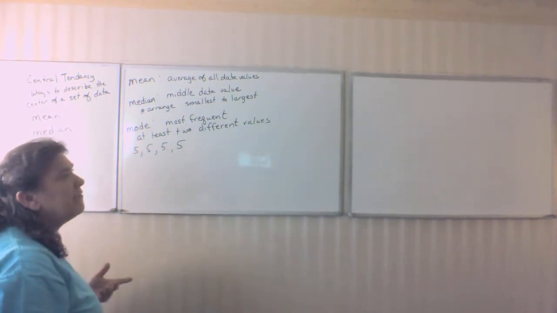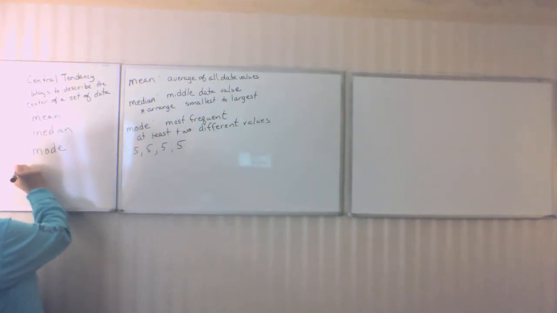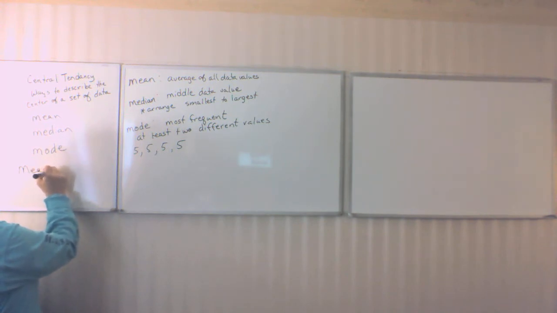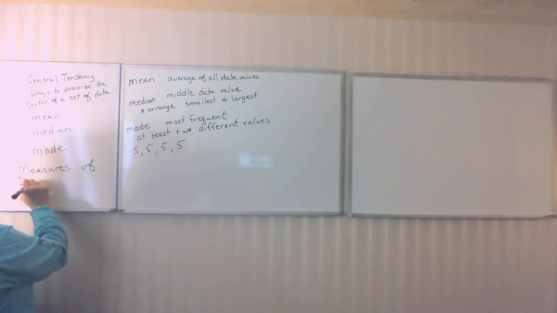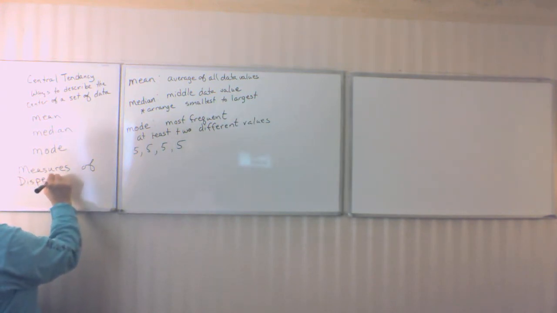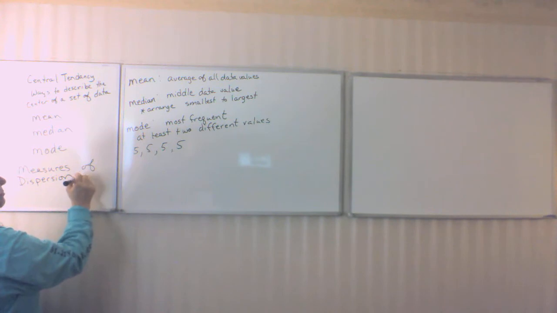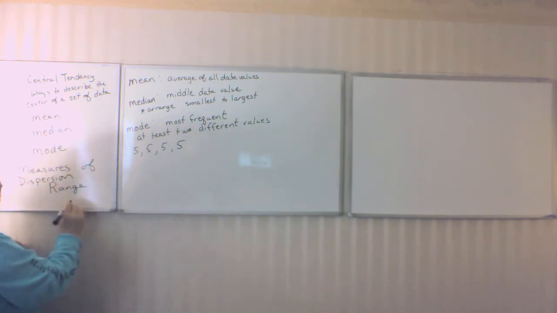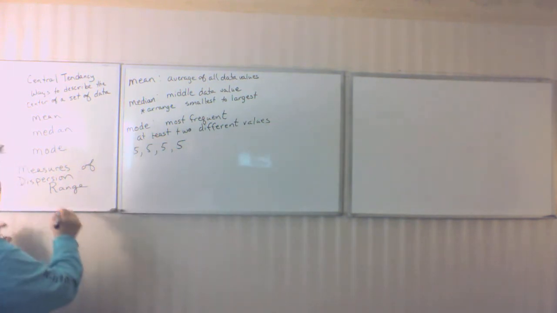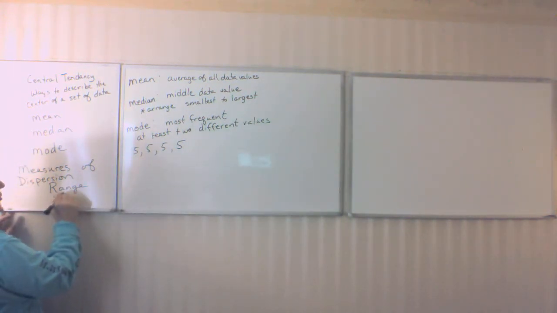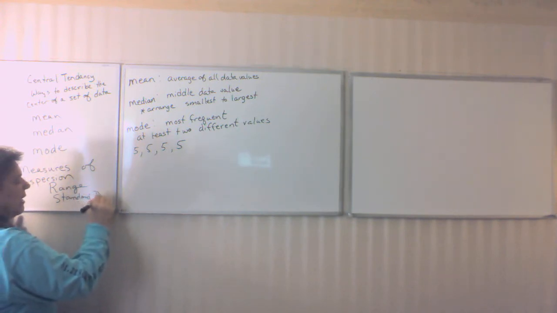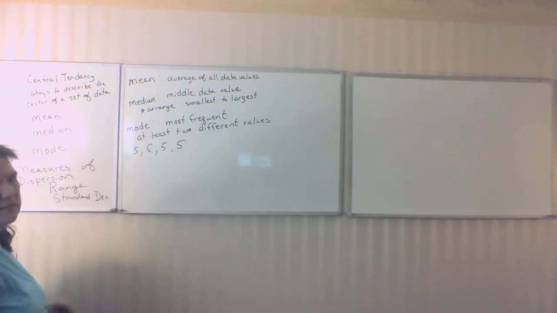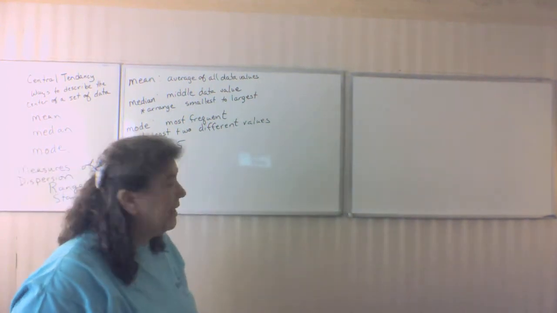We also have measures of dispersion. And we're not going to go into the second measure of dispersion in this lecture, but we will later. Okay, the first measure of dispersion is the range. We're going to do that one. And the last measure of dispersion is called the standard deviation. And we're going to go into that in another lesson, so we're not too concerned about that today.